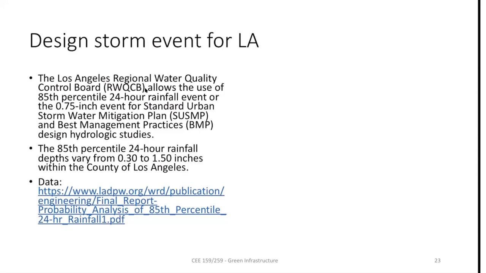It means that if you take 24-hour rainfall events at any site in Los Angeles for the last 100 years, the intensity corresponds to the rainfall event that 85 percent of events fall below, and that's the rainfall intensity we'll use. Again, this varies from the IDF curve. You can go back and check there and find the answers for different locations.